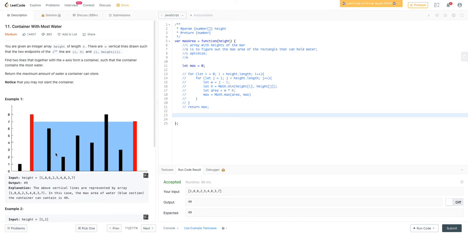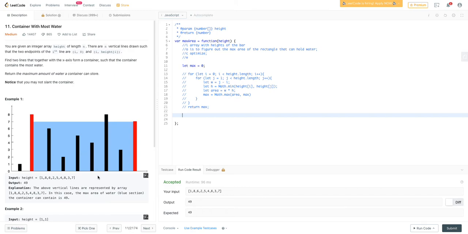So what I mean is that we would just start left on the index 0 for now and right on height.length minus 1, so the far rightmost index would be the right. So we would basically compare the area between this area or the next area.